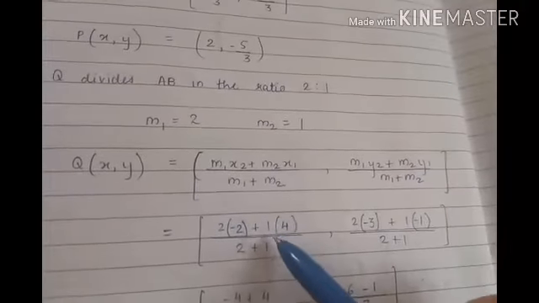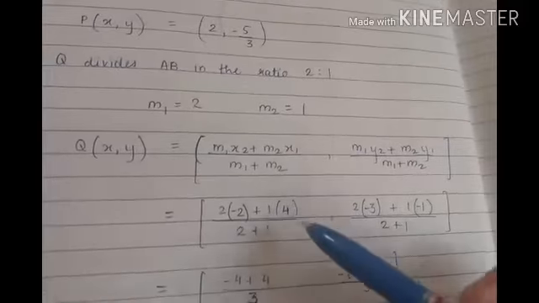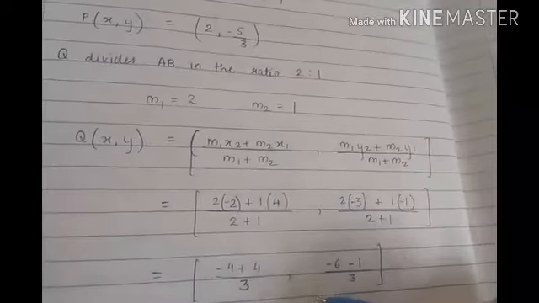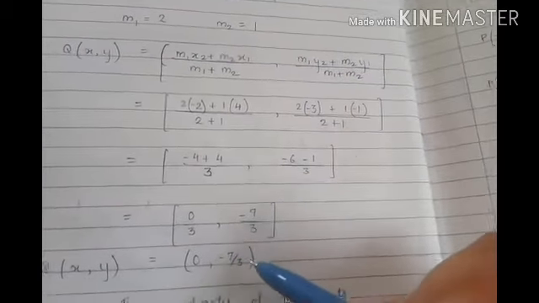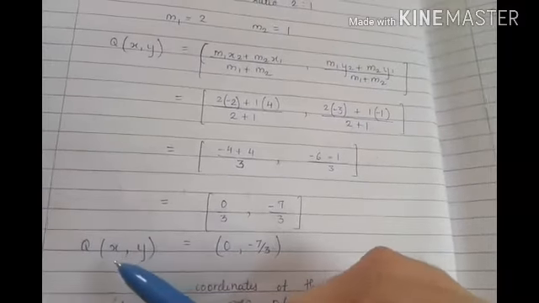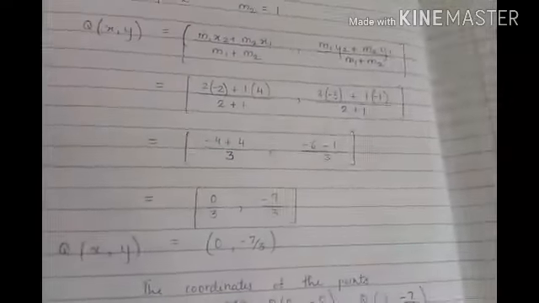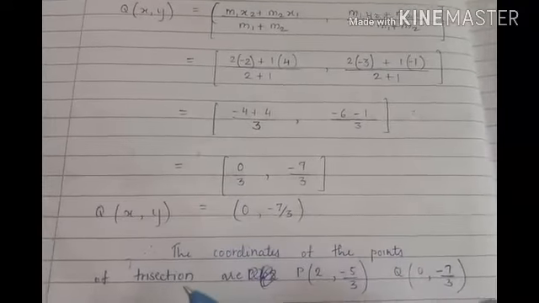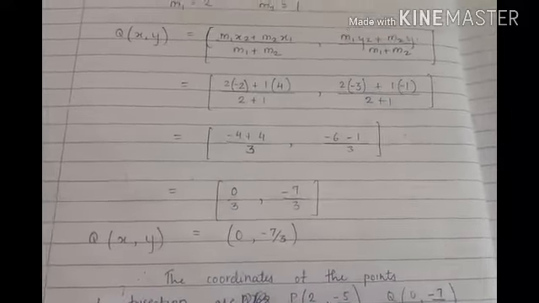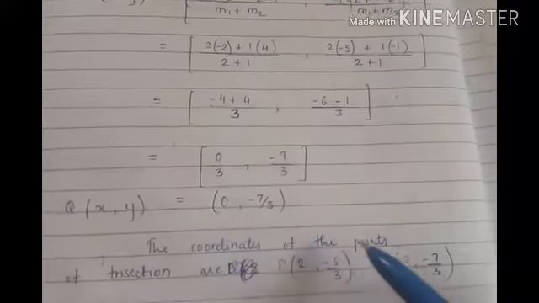So M1 x2 plus M2 x1 upon M1 plus M2, the same thing is done here, only the values of M1 and M2 are exchanged. So you get 0 upon 3, that is 0, comma -7 upon 3. So the coordinates of Q are (0, -7/3). So finally, the coordinates of the points of trisection are P(2, -5/3) and Q(0, -7/3).